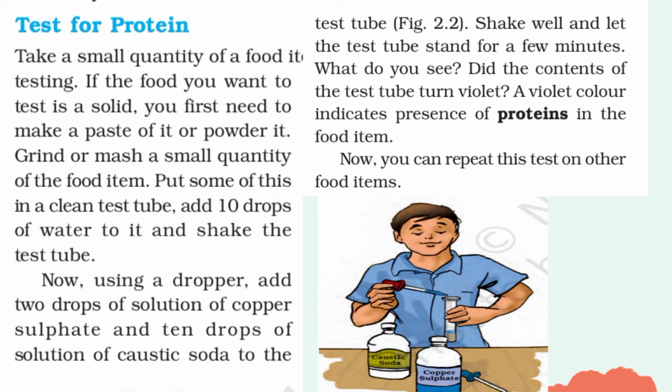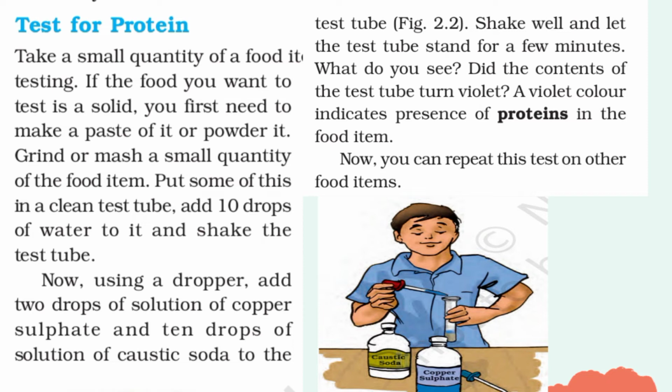Put some of this in a clean test tube. Add 10 drops of water to it and shake it well. Now using a dropper, add 2 drops of copper sulfate solution and 10 drops of caustic soda solution.